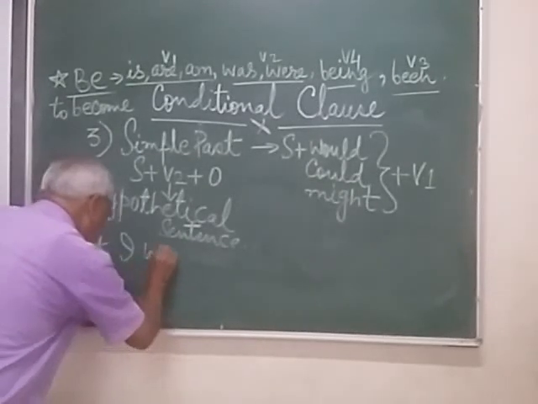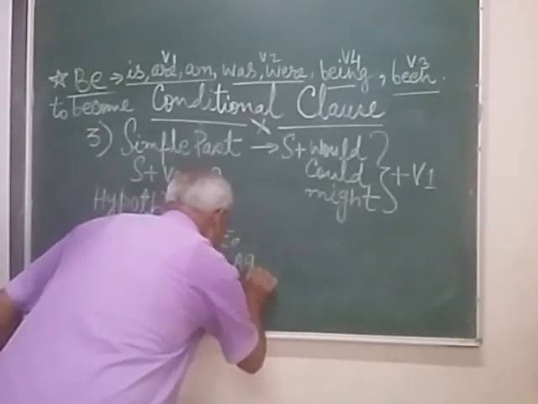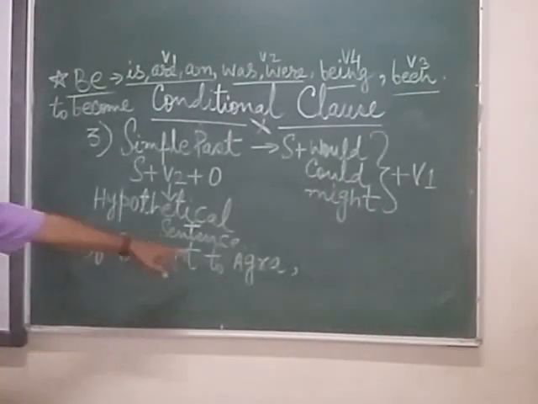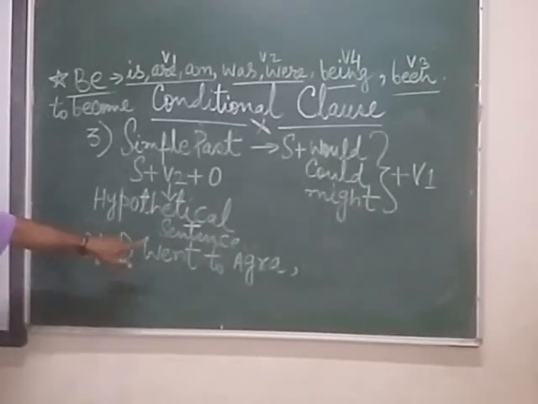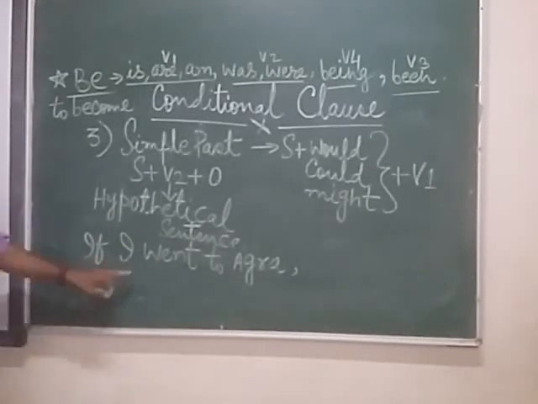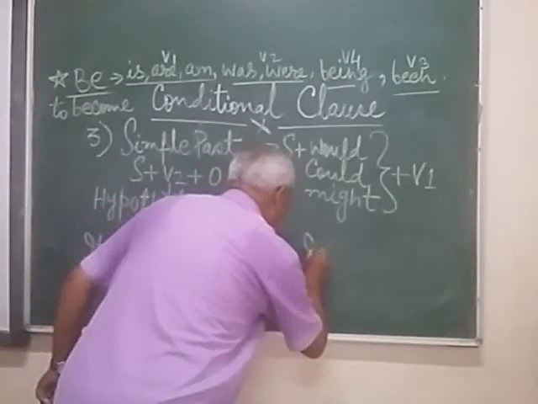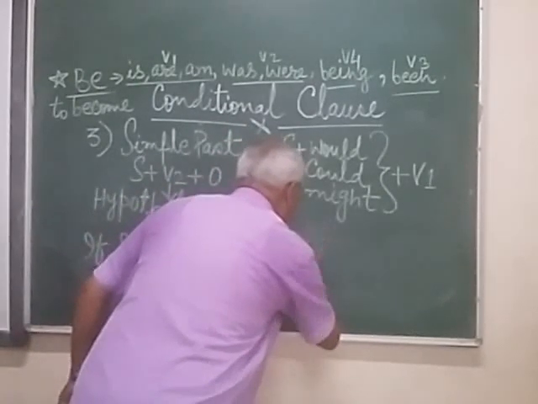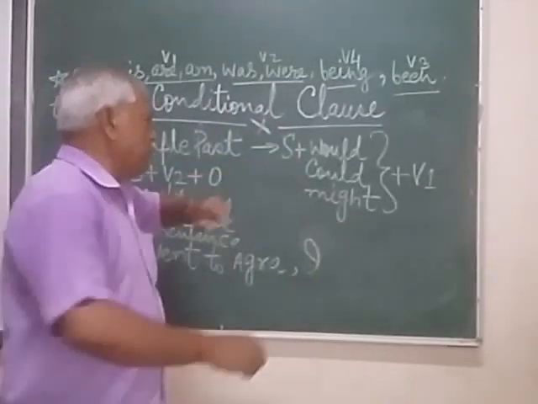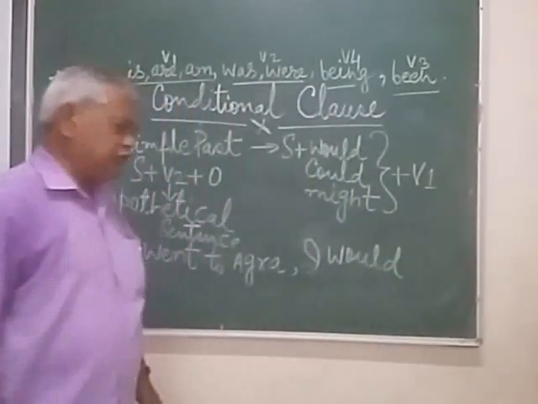If I went to Agra, this is simple past, subject, V2, so that is from the simple past. If I went to Agra, now the next sentence. The word I, that is the subject, and would, might. Say I am using another modal, that is would.